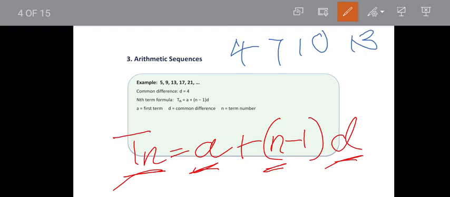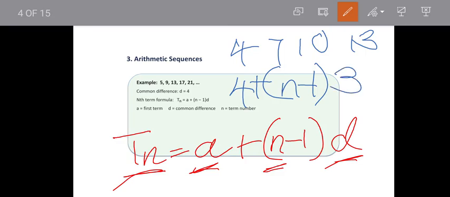For you now to find the nth term, you've got your 4, 7, 10, and 13. You're going to be using Tn is equal to a plus (n minus 1) d, where a is the first term, which is 4, plus (n minus 1). We don't know what n is, so it's just going to be n minus 1. Then d is the common difference. To go from 4 to 7, we add 3. From 7 to 10, we add 3. From 10 to 13, we add 3. So the common difference is 3.